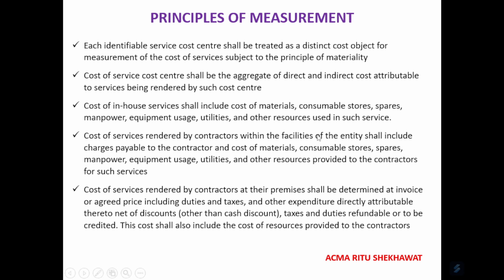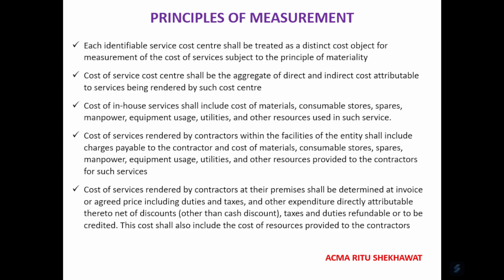Then another point says cost of in-house services. If services are taken in-house, in the factory premises, then all the cost of material, consumables, space, manpower, equipment, utility and other resources used in that service shall be included.